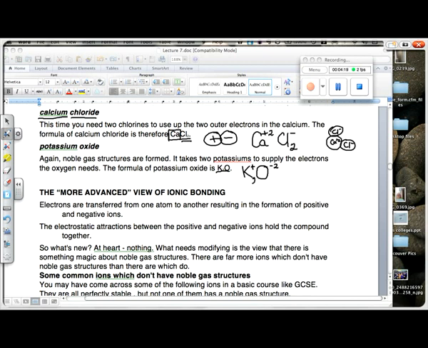I'm going to need 2 of those plus 1 potassiums to balance out the negative oxygen. So this time I have a ratio of 2 cations to 1 anion. It's going to look basically the same, but it's reversed in terms of the ratio. So this time I have 2 positive ones instead of 2 negative ones.